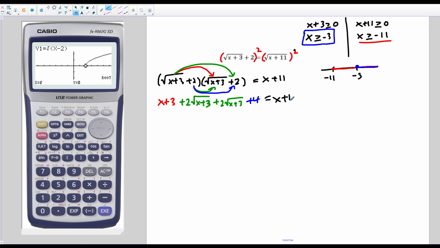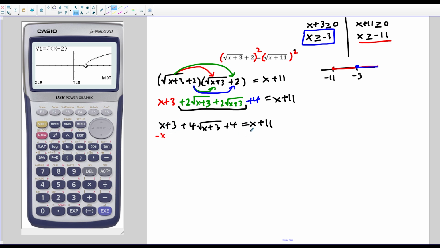And this is equal to x plus 11. So let's add our like terms together. So we'll have x plus 3 plus 4 square root x plus 3 plus 4 is equal to x plus 11. Let's clean things up a little bit on the left-hand side here. So we know we've got an x on this side.